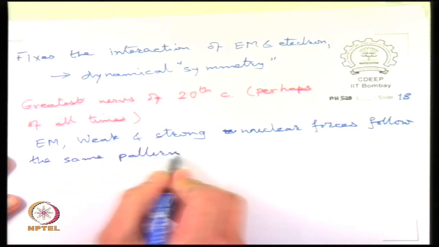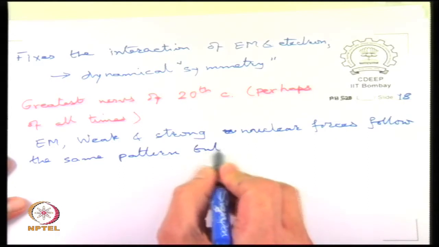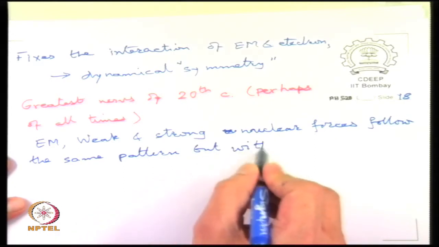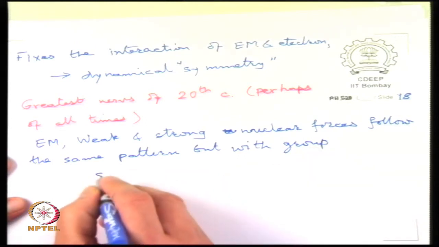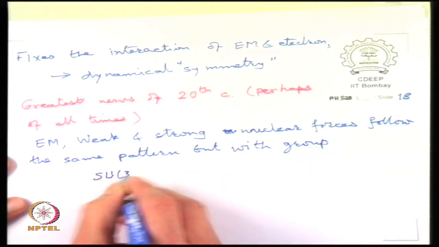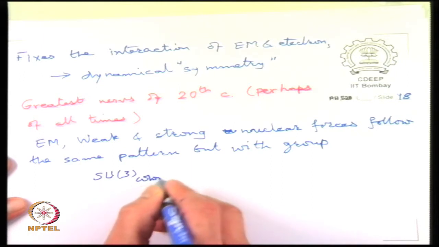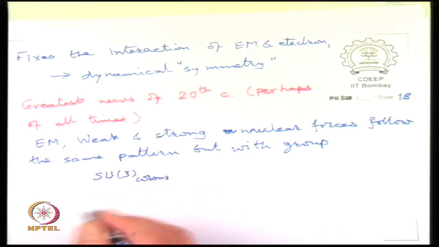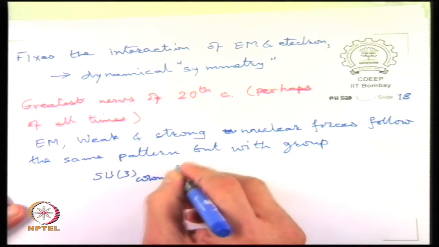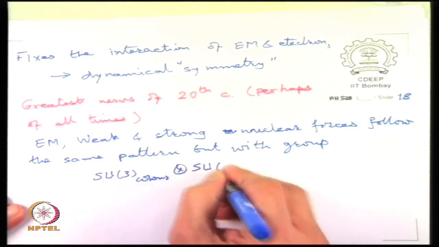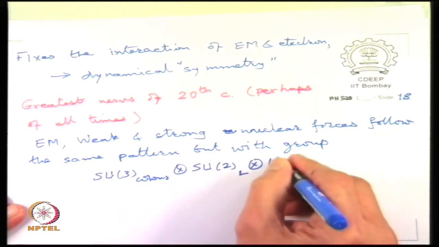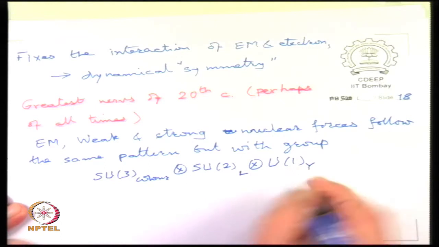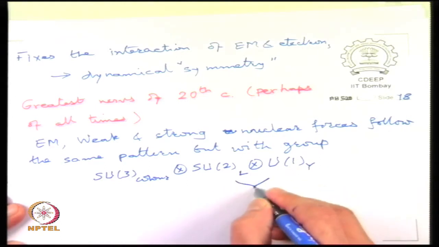But with groups, SU3 color, so then there are 8 photons, there are 8 gauge potentials, cross so-called SU2 left, cross a U1 Y. So electromagnetism comes out of a linear combination of the two.